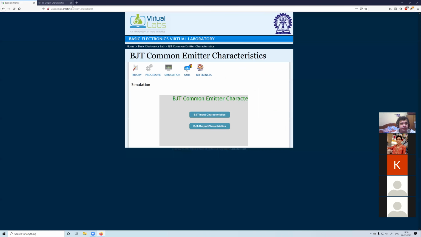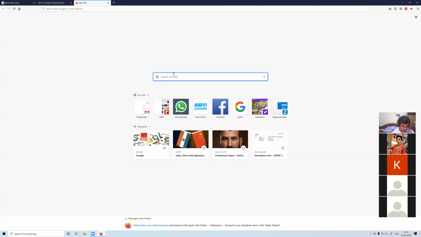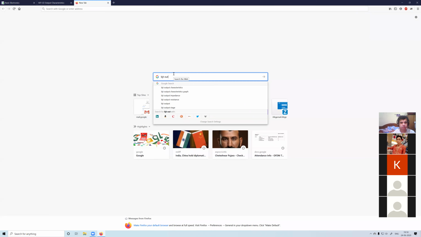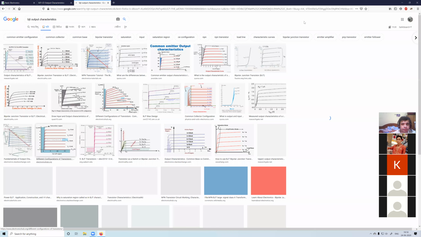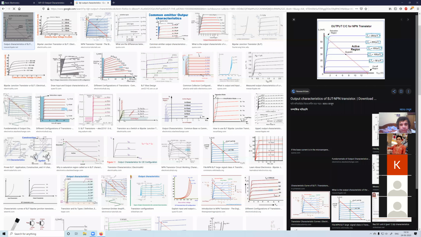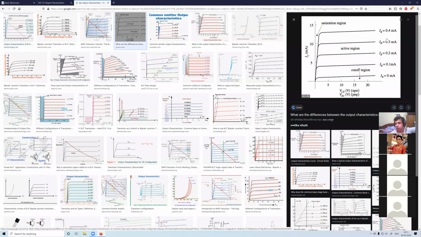Did I not show you this? See here, there are 5 different values of IB. There are 5 curves for 5 different values of IB. That is how it must be plotted. Did you understand? Is it okay? Ideally the output characteristics would look like this figure.